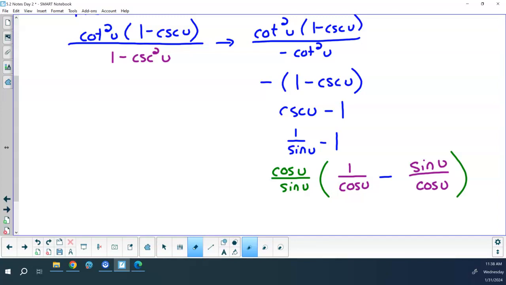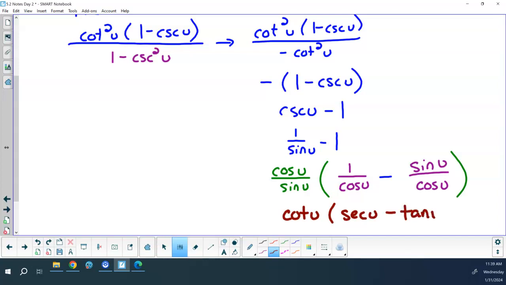Quick check. If I distribute green, do I get 1 step back above? Well, what is green? Cotangent, right? What is first purple? Secant. What is second purple? Is that what I needed it to be?